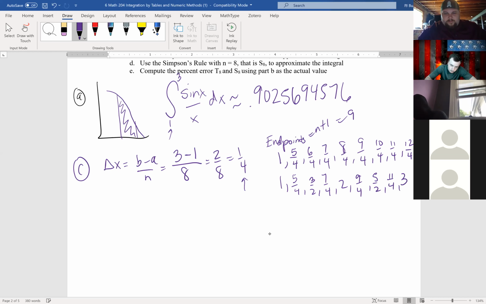So I have 1, 2, 3, 4, 5, 6, 7, 8, 9. All right, that's good. So I have all my endpoints. These are my values x0, x1, x2, and so on that I'm going to be plugging in.